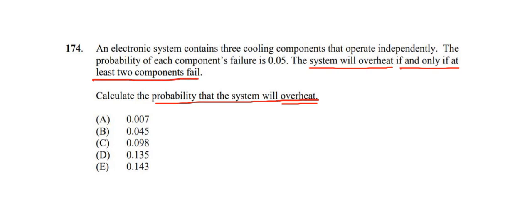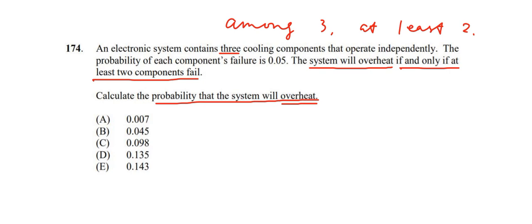So in total we have 3 components, and among the 3, at least 2 fail. So this at least 2 failed can mean 2 or 3, right?